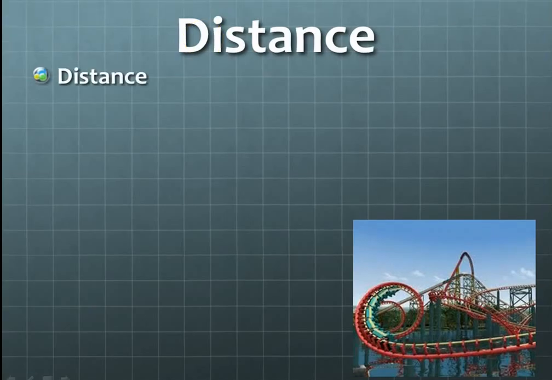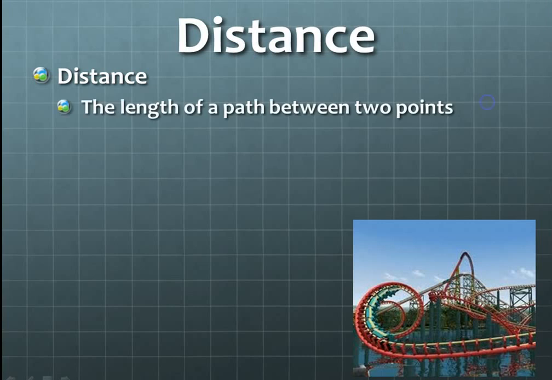Okay, so the definition of distance is the length of a path between 2 points, right? So in your little video there, you saw the length of the path was that red line they drew, and you weaved in and out, so to find the length, you'd have to measure that whole thing.